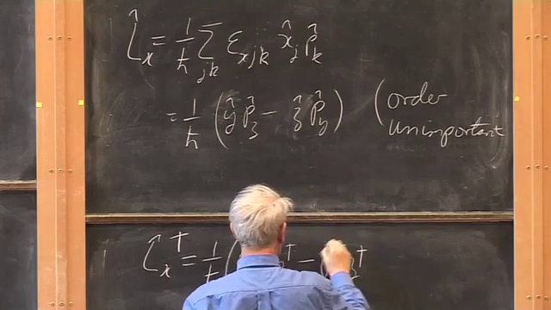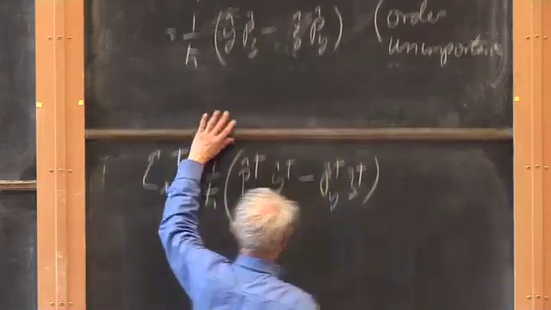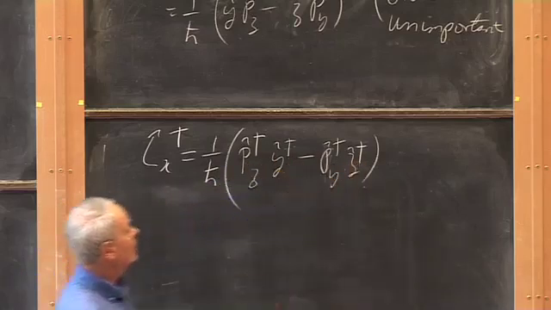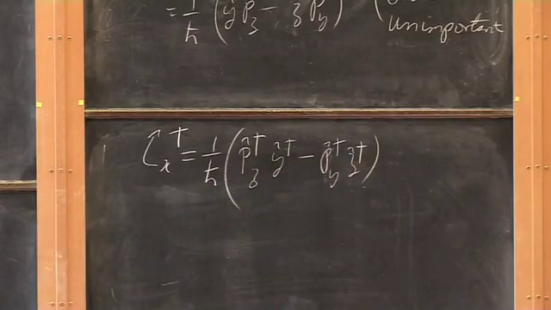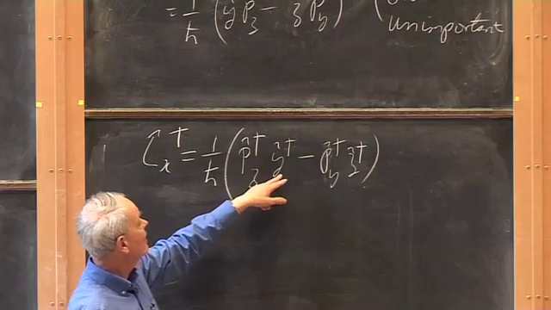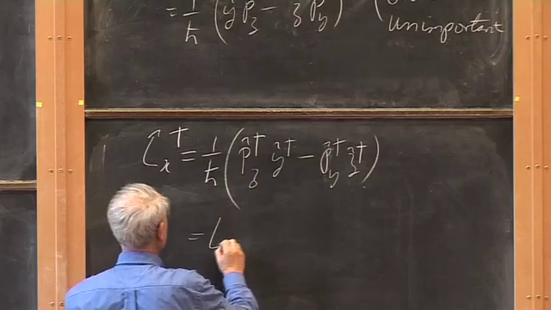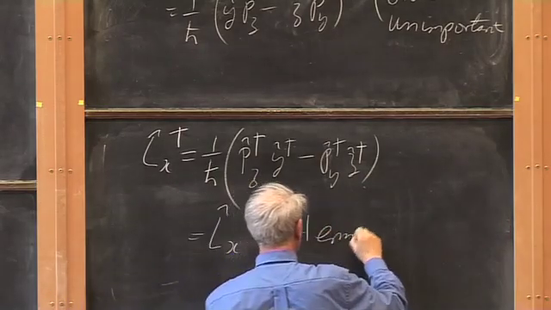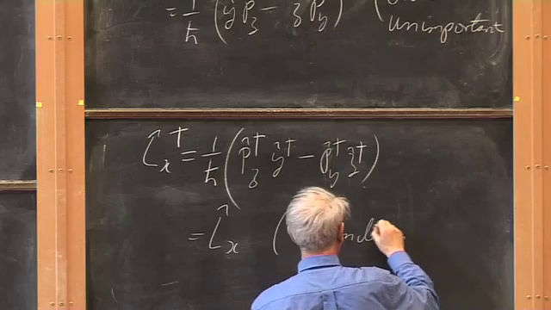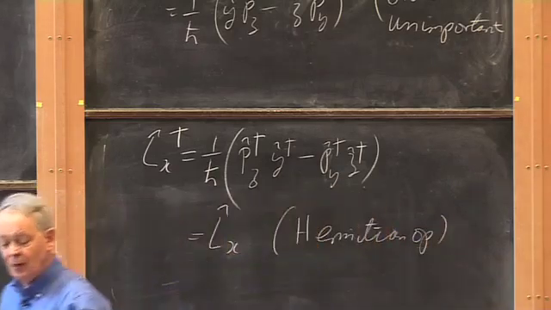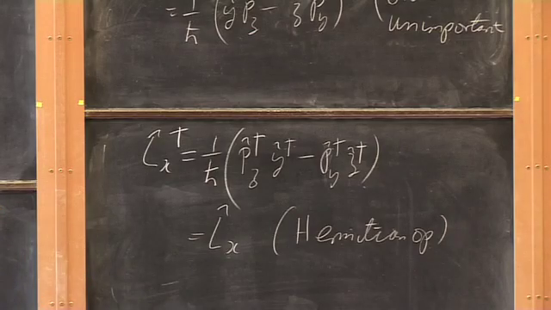Well, these things are all operators. But each of these things is its own dagger, because the momenta and coordinates are Hermitian operators, and the order in which you write them down, we've already agreed, is unimportant. So this is in fact equal to Lx. So it's a Hermitian operator. So we expect it to be associated with an observable, and the observable is obviously going to be orbital angular momentum.